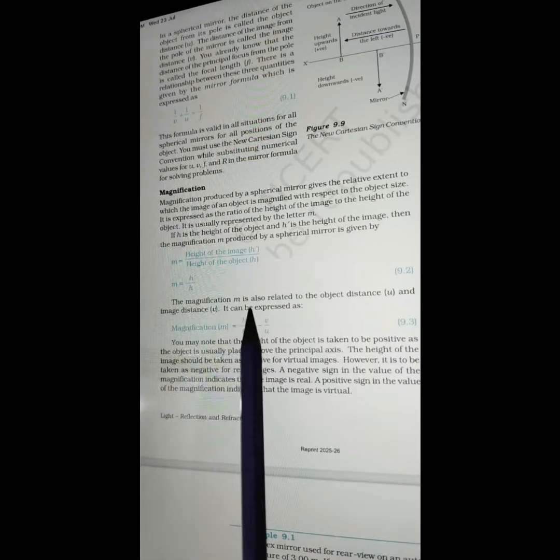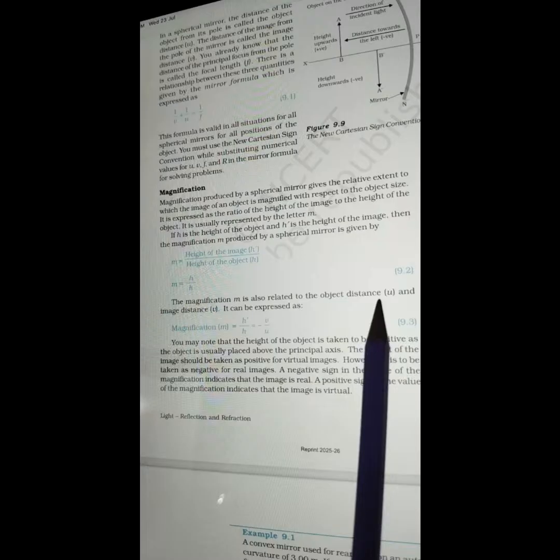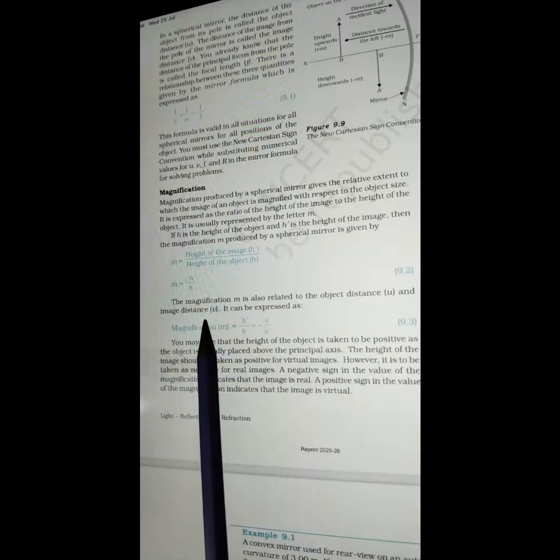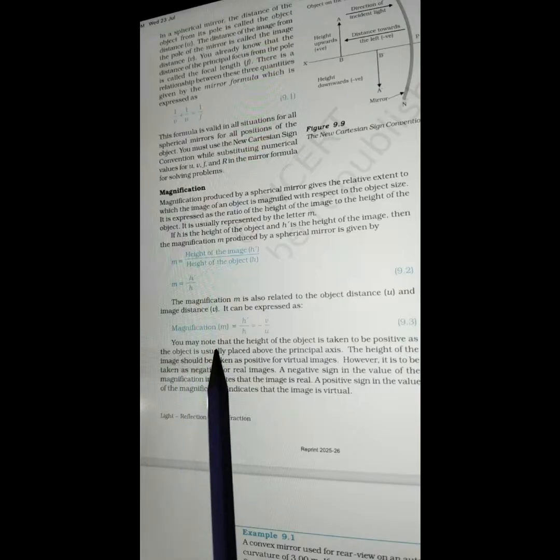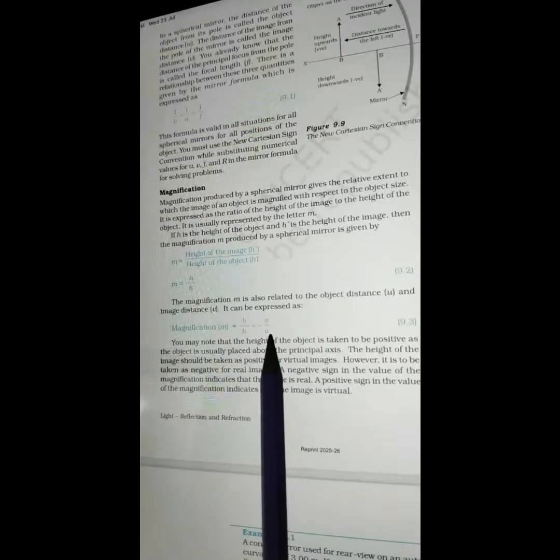The magnification m is also related to the object distance u and the image distance small v. It can be expressed as m is equal to h dash by h is equal to minus v upon u.